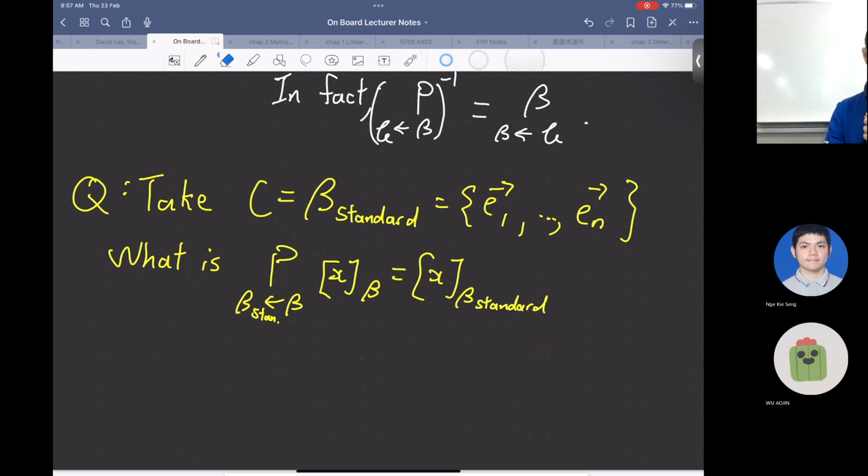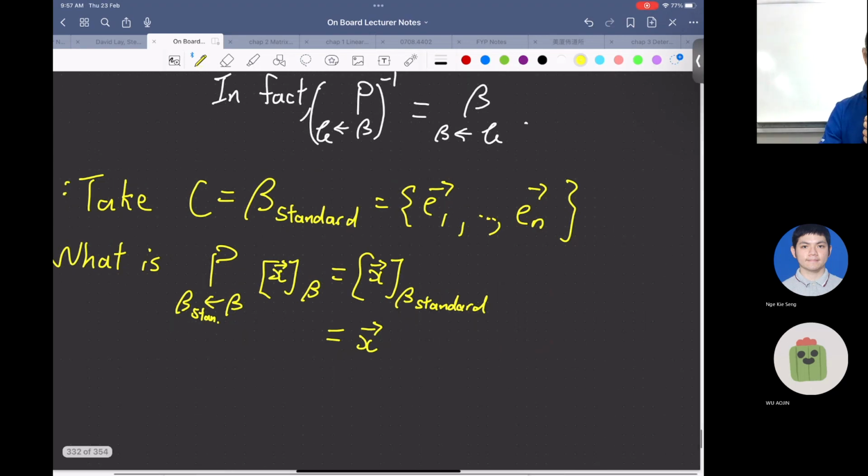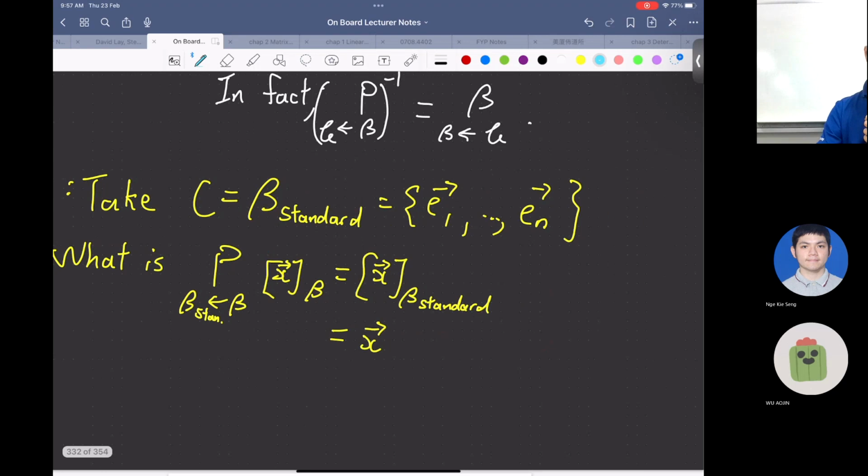What's this part here? This is really the vector itself. Remember? I'm not sure you observed it or not. So let's say we have x equals 3, 2, 2.